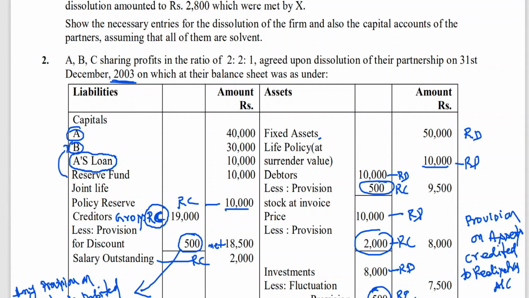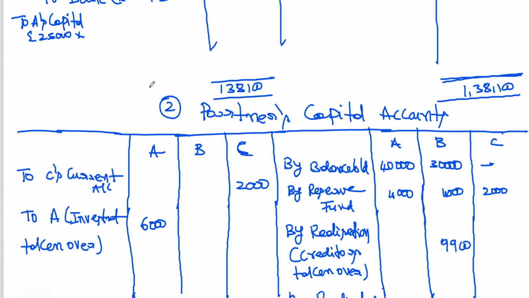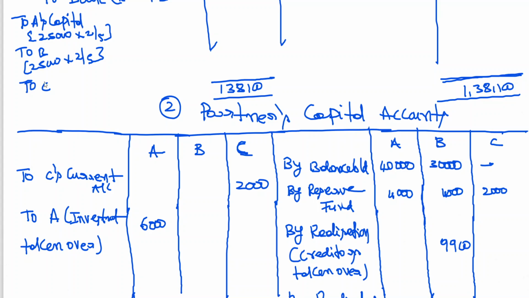Okay, 25,000 into 2 by 5 to A, 25,000 into 2 by 5 to B, 25,000 into 1 by 5 to C, to A's capital, to B's capital, to C's capital.